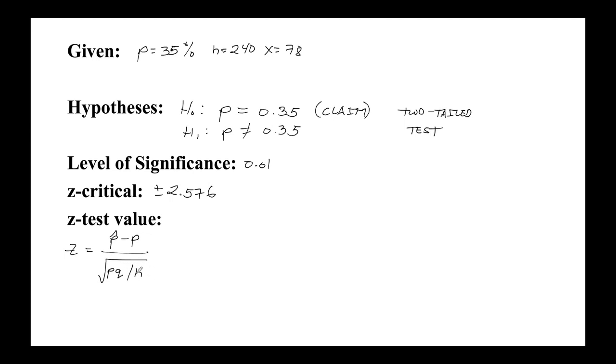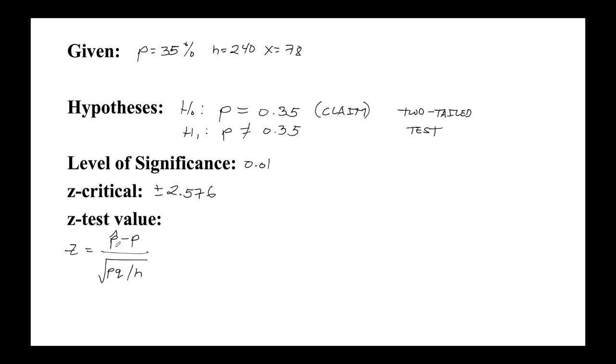Now, let's check the given. P, meron na tayo, that is 0.35. P hat, wala pa po tayo, di pa natin dinidivide. Square root of P, meron na tayong P and we just need to subtract it from 1. That will be our Q. For N, meron na rin tayo, 240.